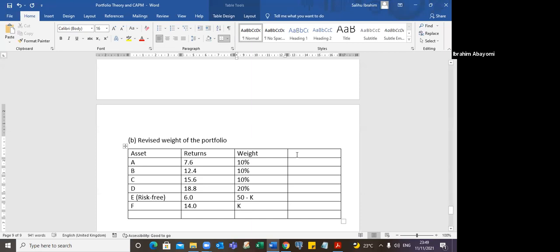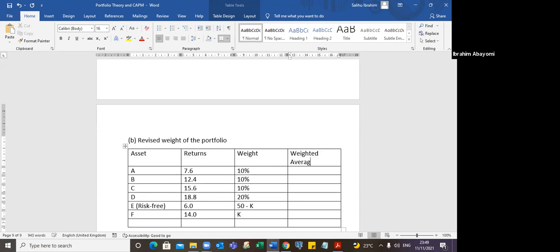So what will now be the weighted average? There will be 0.76, 1.24, 1.56, okay.